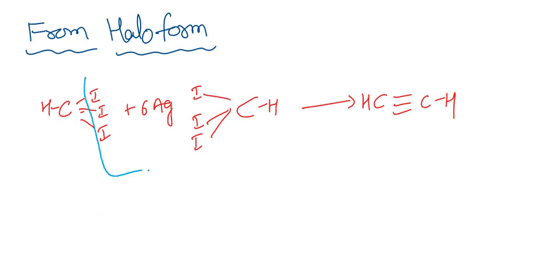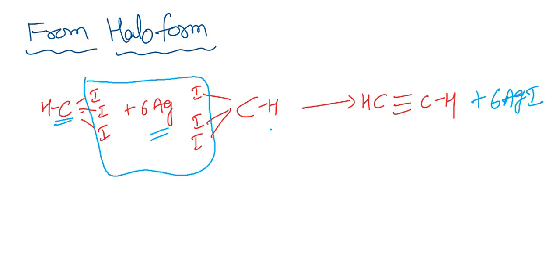So this iodine, 6 iodines and 6 silver, is forming 6 silver iodide. So between CH and CH, forming 3 bonds, that is ethyne forming.